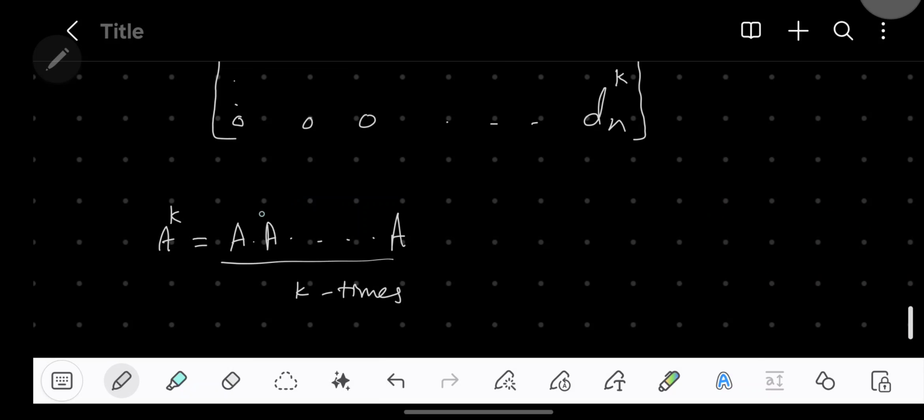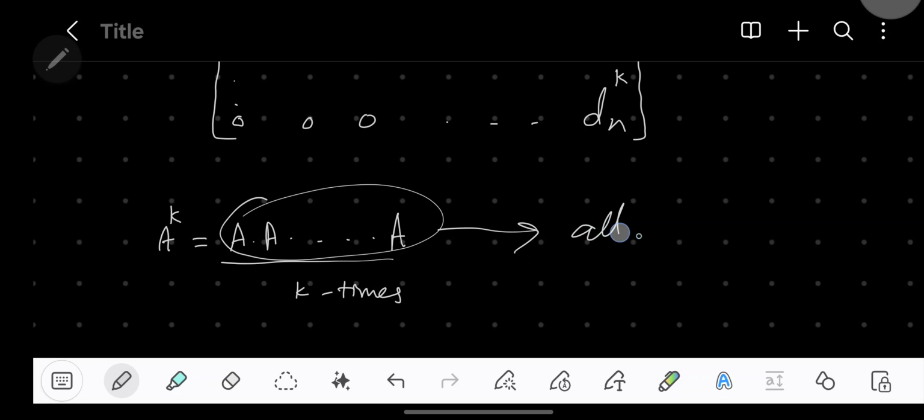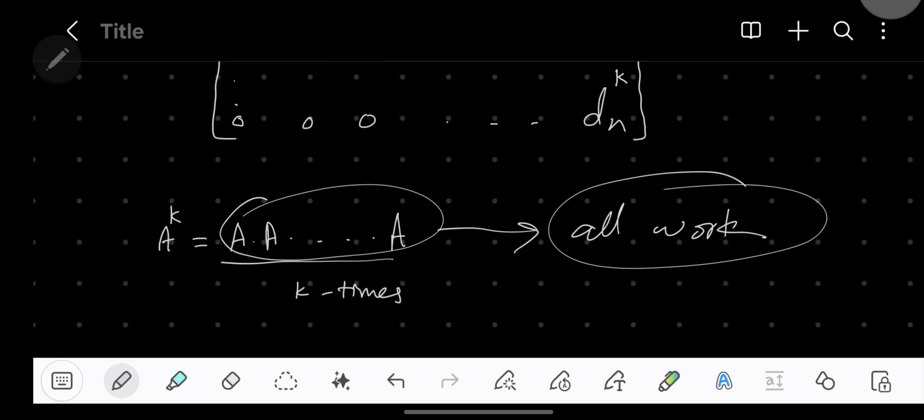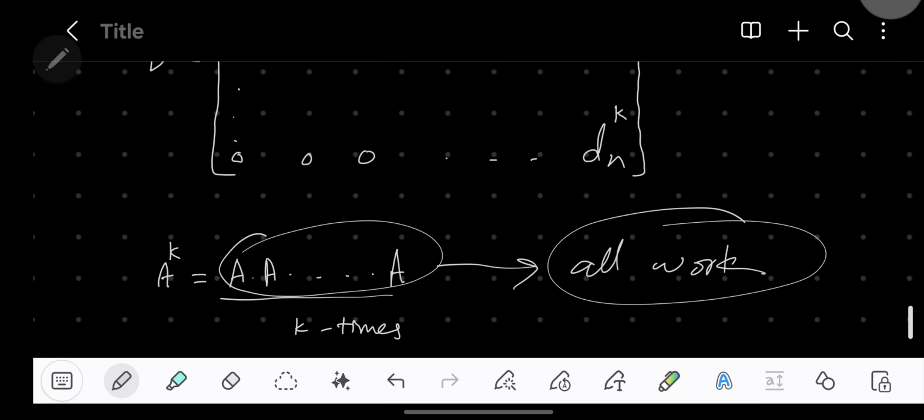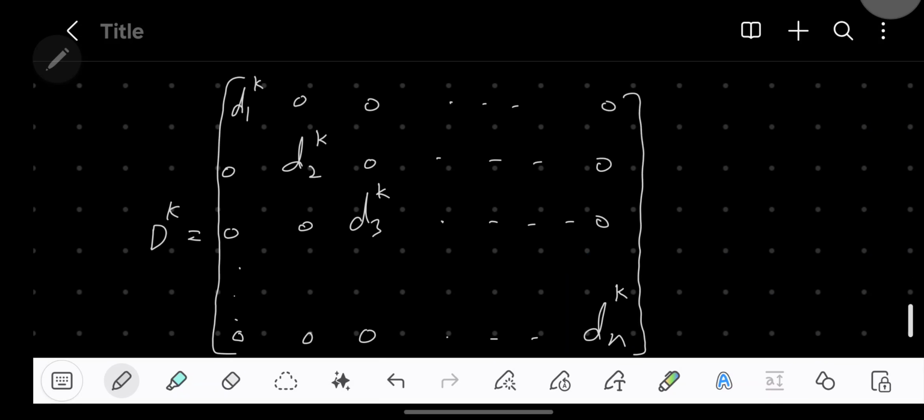But if the matrix is diagonal, you have no need to do all this work, because this is huge work. But if the matrices are diagonal, no need to do all of this work. Only take the powers of the main diagonal entries, and you will get the answer.